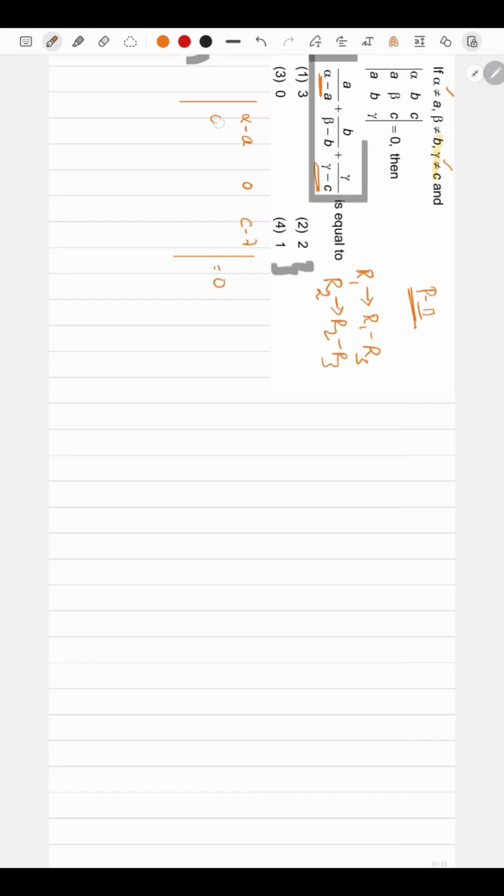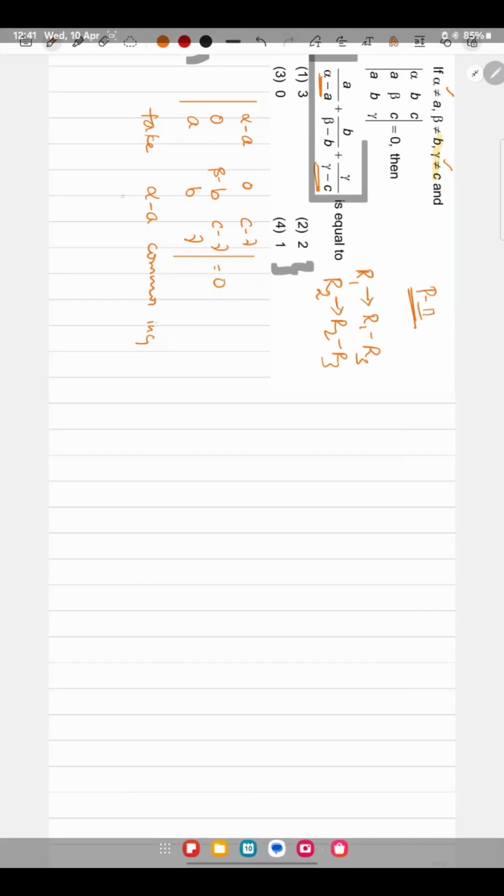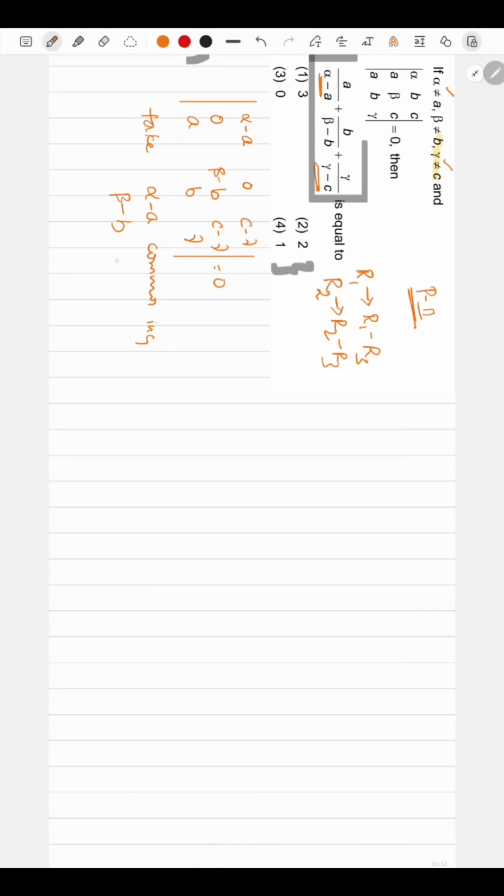Here also A minus A is 0, B minus beta and C minus gamma, A, B, gamma, which is equals to 0. Now take alpha minus A common in column 1 and beta minus B in column 2, C minus gamma in column 3. Take those things outside.